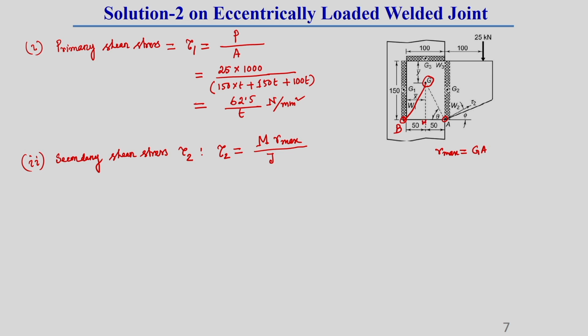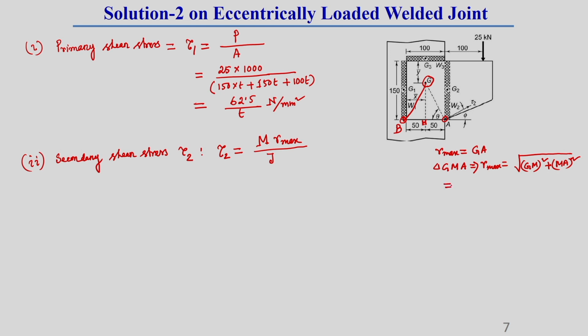Let me draw a perpendicular, this is GM and A. So, from the triangle GMA, we can easily find out what is R max. R max will be equal to GA, which is equal to the square root of GM square plus MA square, because this is the hypotenuse of that triangle GMA, correct.